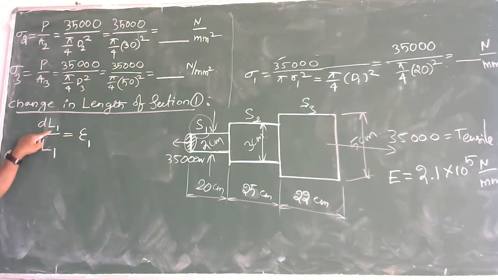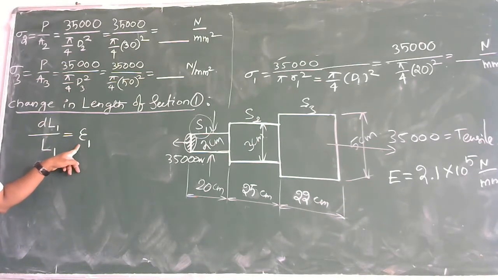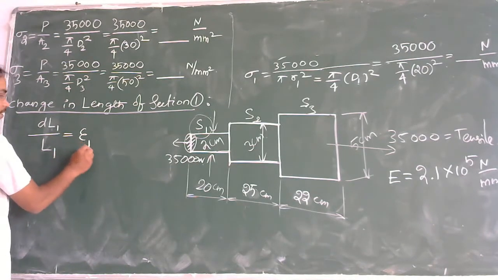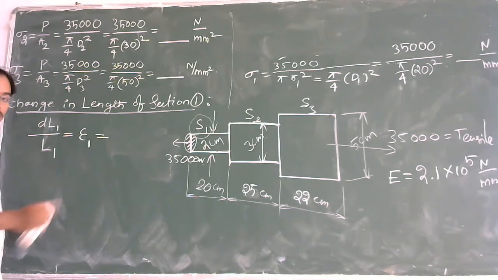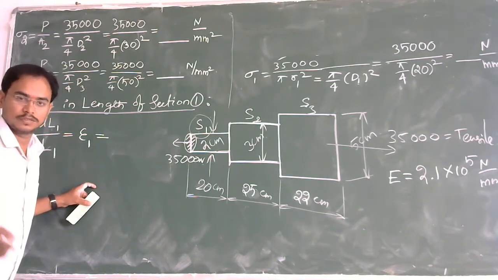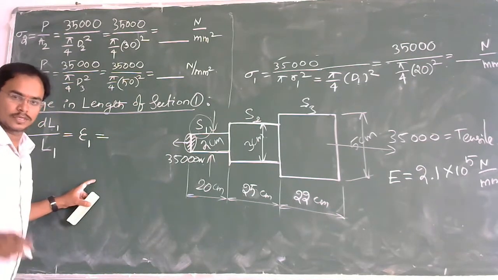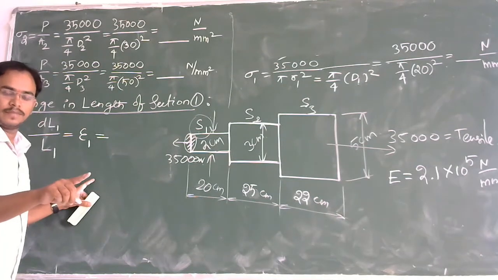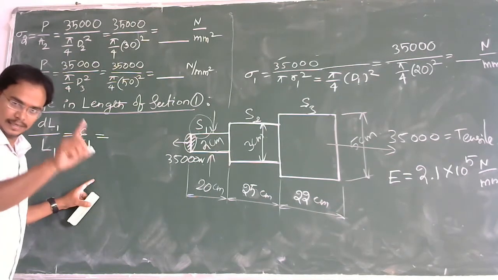Change in length of the first section divided by the original length of the first section will give epsilon 1, strain in section 1. So what is strain in section 1? By Hooke's law, which we saw yesterday, stress is directly proportional to strain under elastic limits.